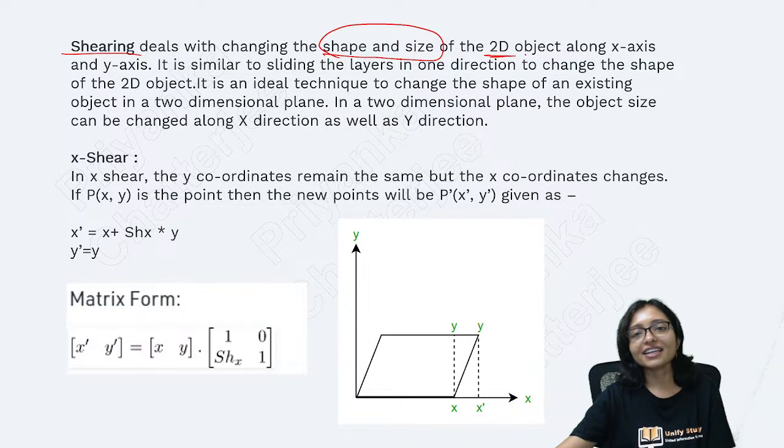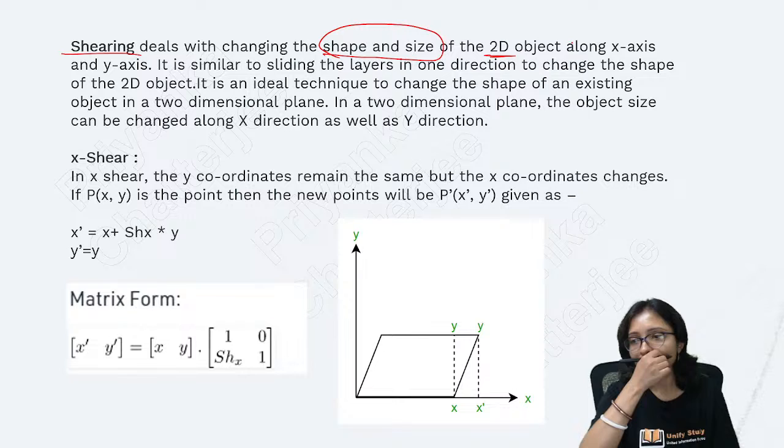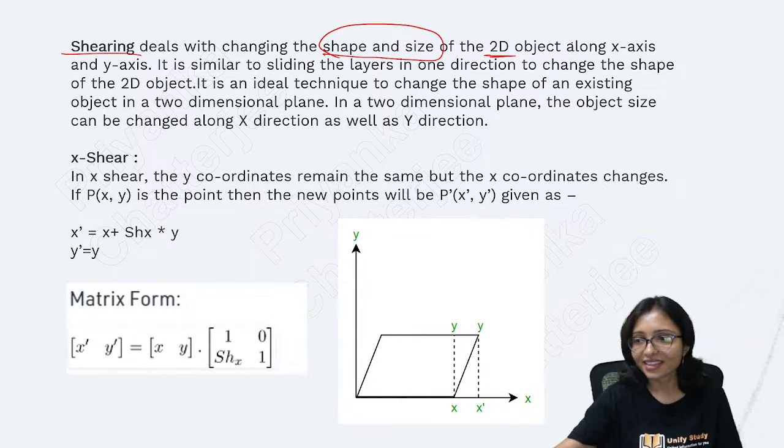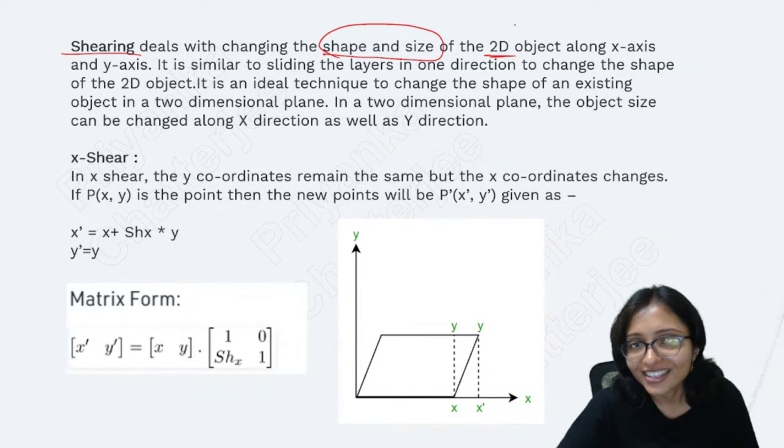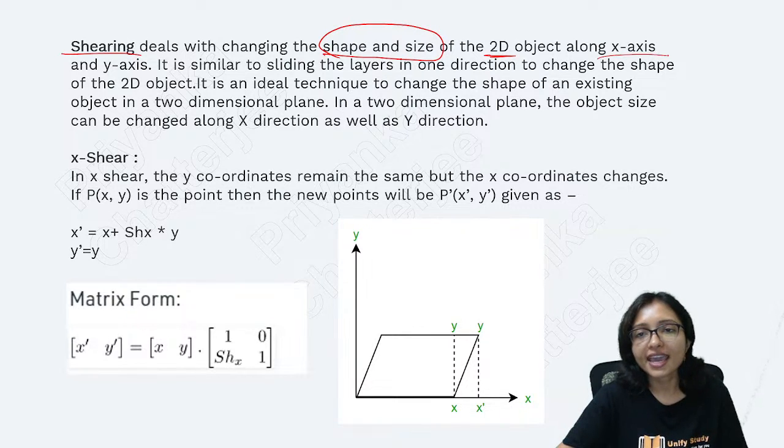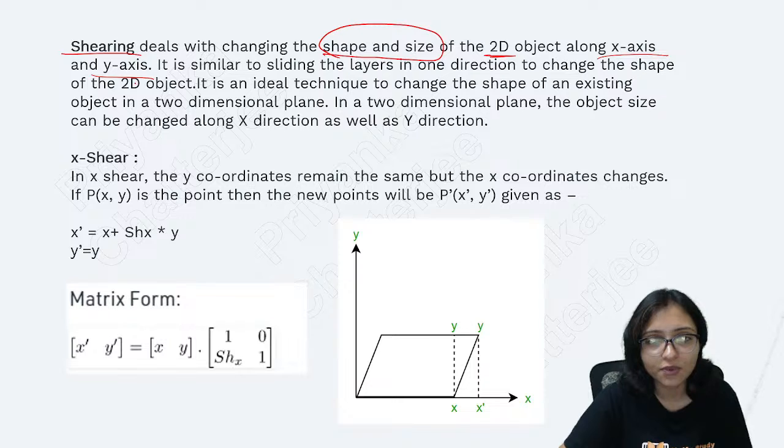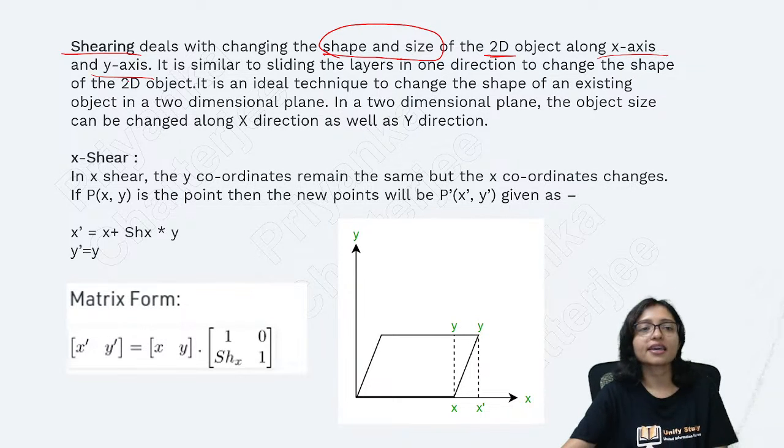So here it is a 2D object. Whenever the 2D object is there, what will happen? We consider the 2D object for the x-axis and the y-axis shearing.